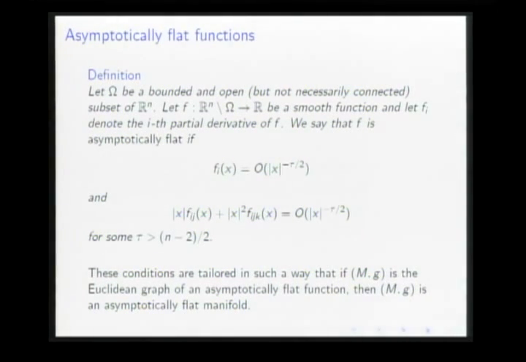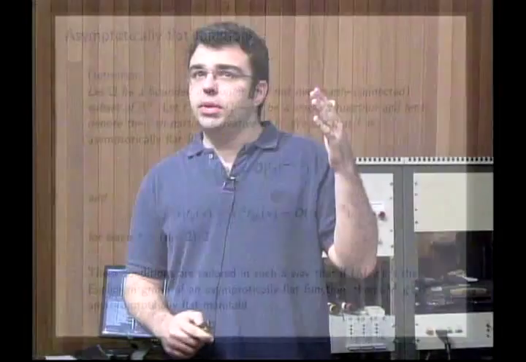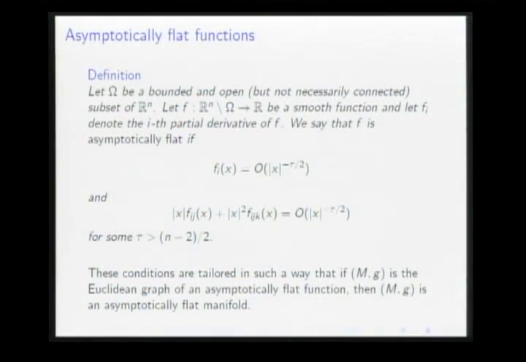These conditions are such that when you take the intrinsic metric, which is going to be delta ij plus fi fj, this intrinsic metric is going to be asymptotically flat in the general sense. So if you have a graph like this, you can compute the ADM mass.